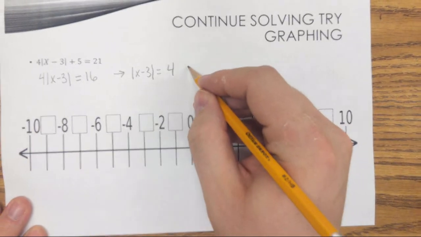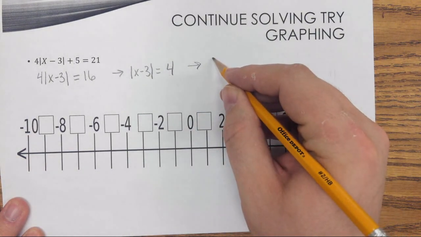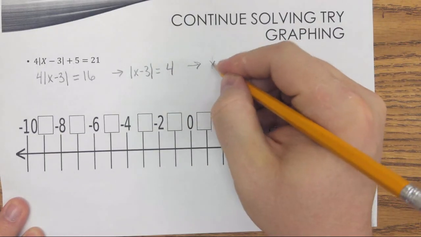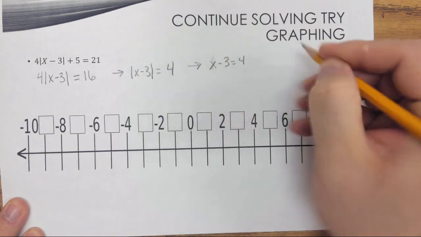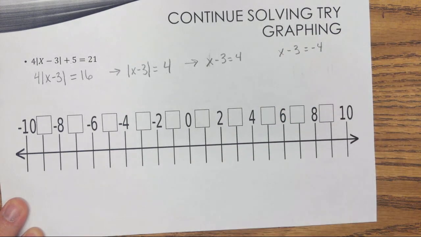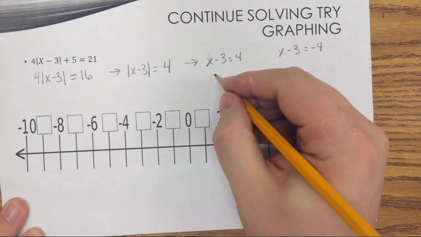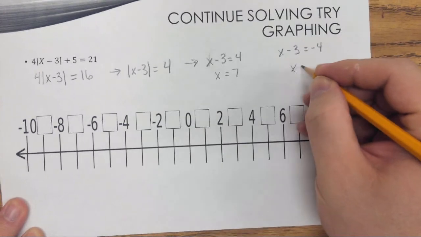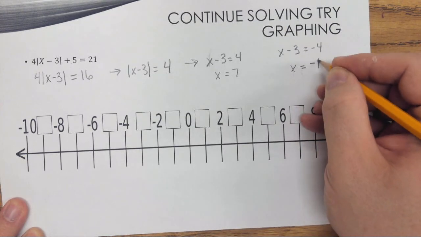I get the absolute value of x minus 3 equals 4. 16 divided by 4 is 4. Now we've got to set up our two equations. x minus 3 equals 4, and x minus 3 equals negative 4. Add 3 to both sides, I get x equals 7. Add 3 to both sides on this one, I get x equals negative 1.